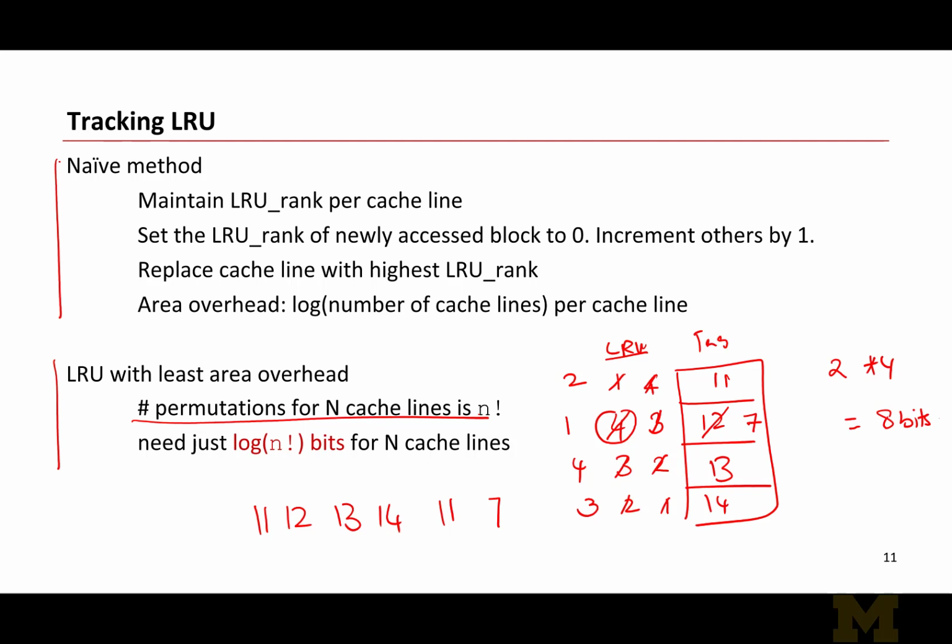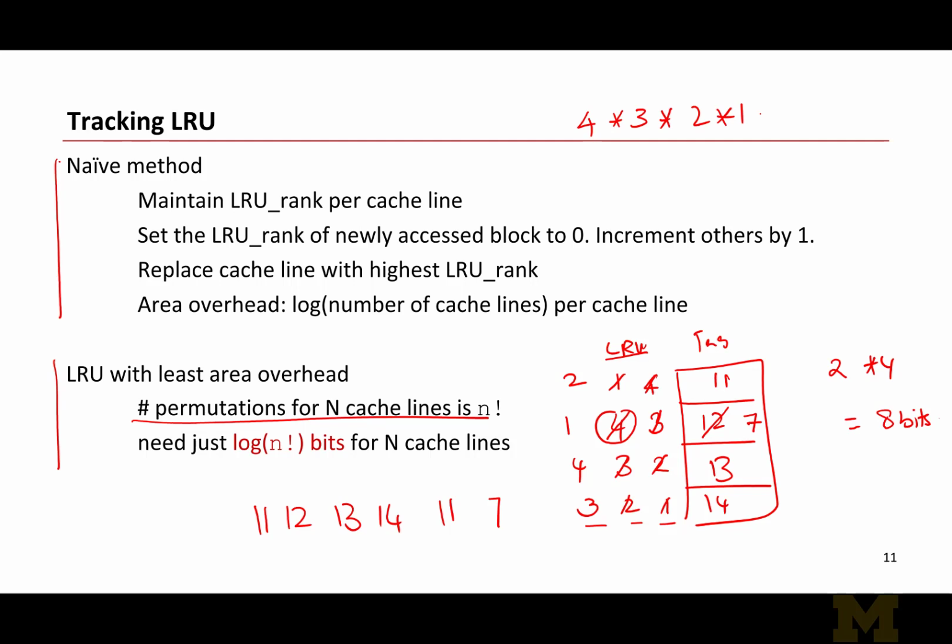So when I specify these ranks, all I need to think about is what are the different permutations possible for these ranks. So the first position, there are 4 possibilities. The second position, there are 3 possibilities, and so on, right?